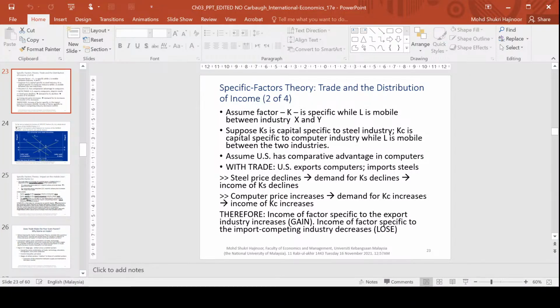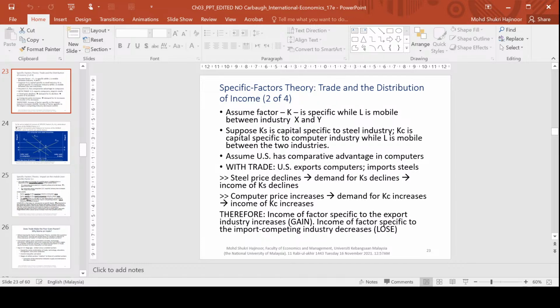We start with the factor price equalization theory. Go over quickly. Price of factors equalization, price of goods becomes equal. This is wrong.